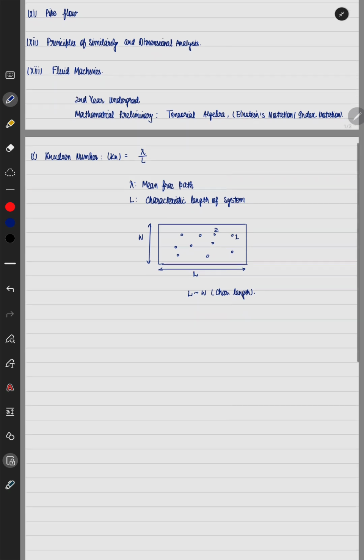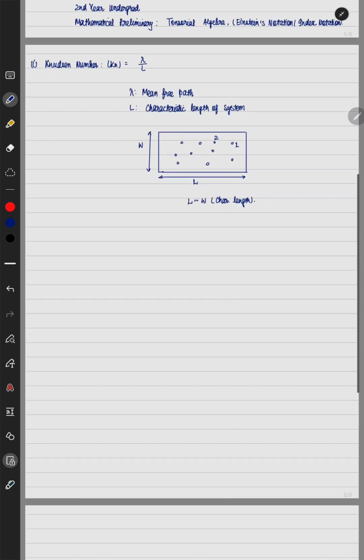So if the system that we have taken is much more densely packed, then the probability of molecules interacting or colliding with each other will increase, and the length lambda will decrease, so the Knudsen number will also decrease.